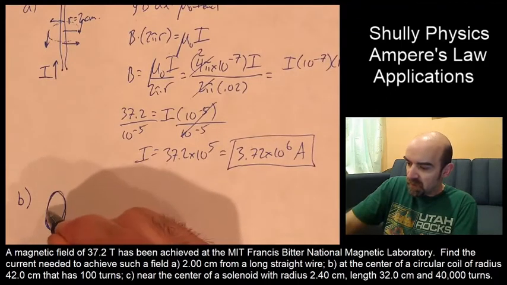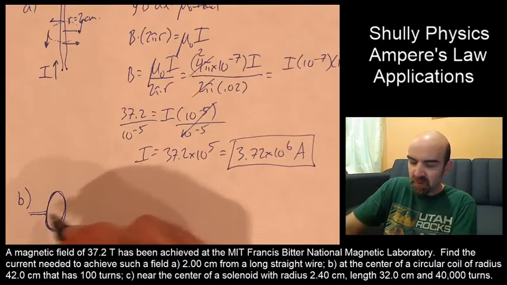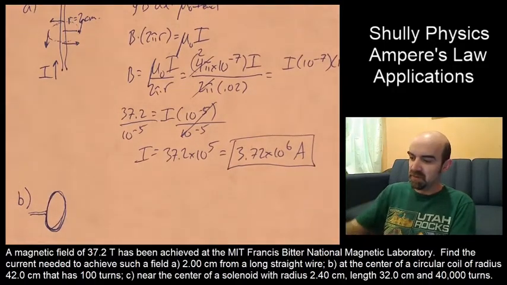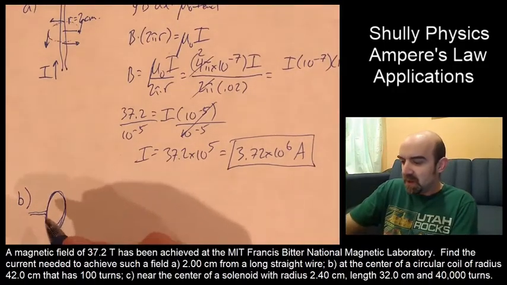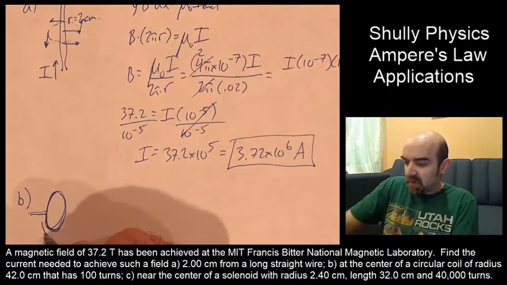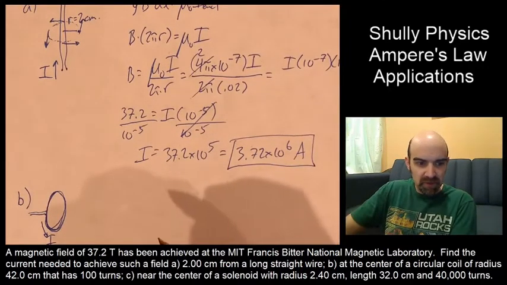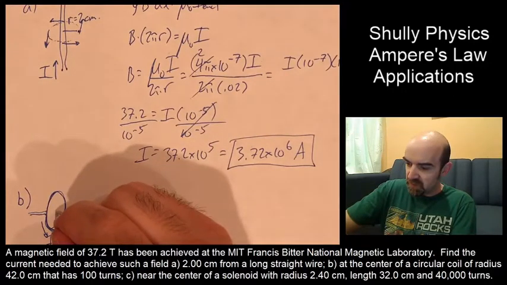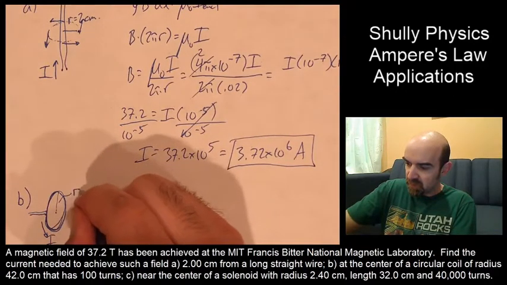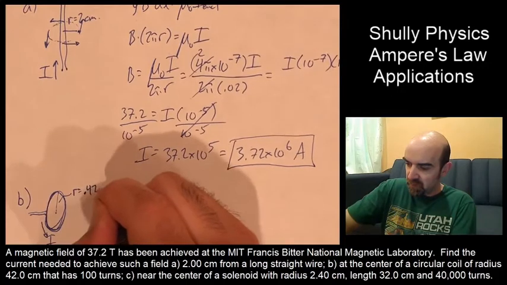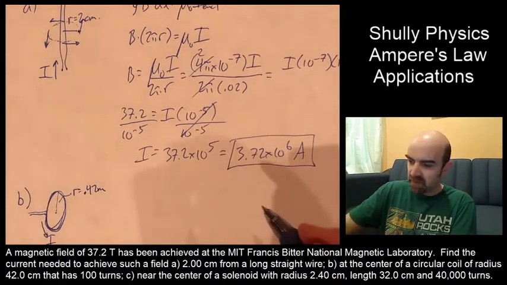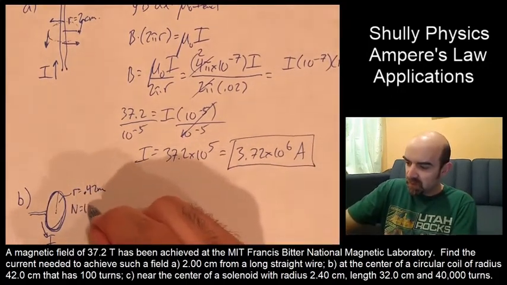Usually the coil is going to have little leads that go off to attach to give us a current. All right, so I'm going to have my current going around this way. We've got a radius of 42 centimeters, so that's 0.42 meters. Go ahead and convert that. And we've got 100 turns.